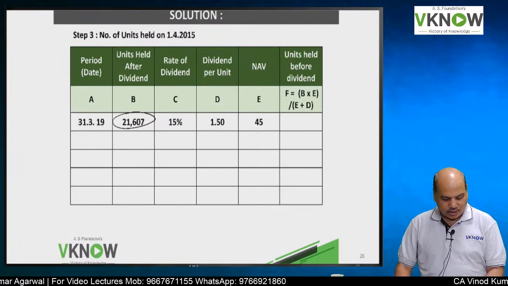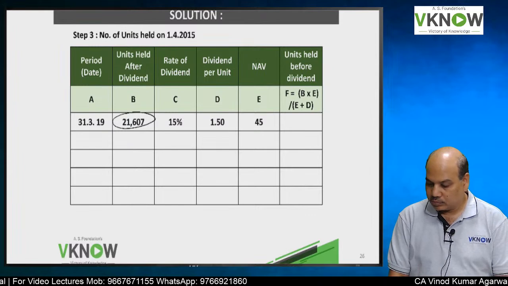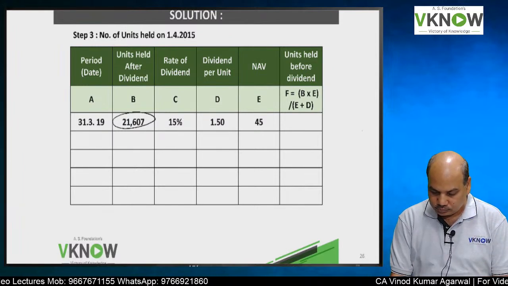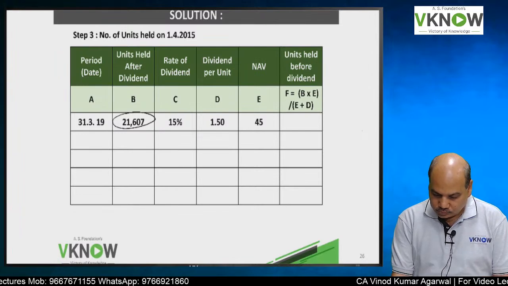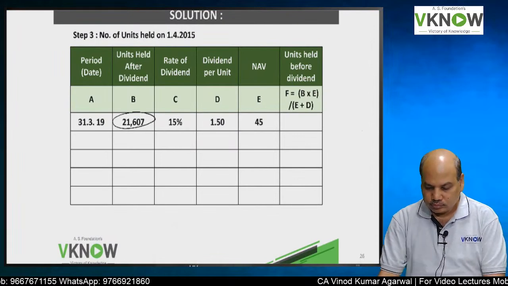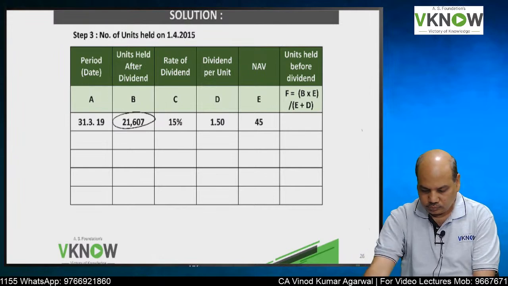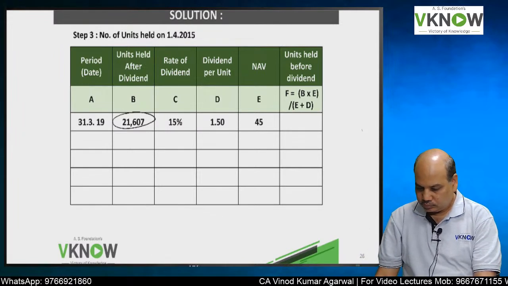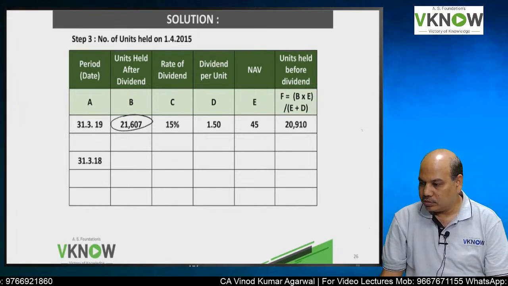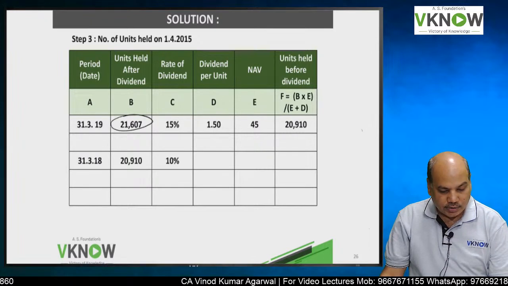So the student will help me calculate the last column. Anybody for the last column? The answer is 20,910. Now next is 31st March 18.